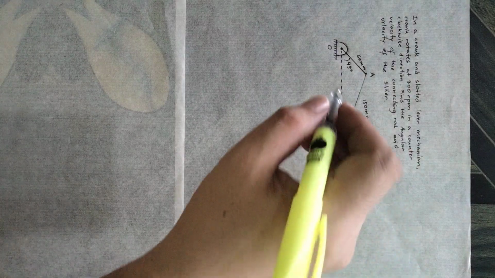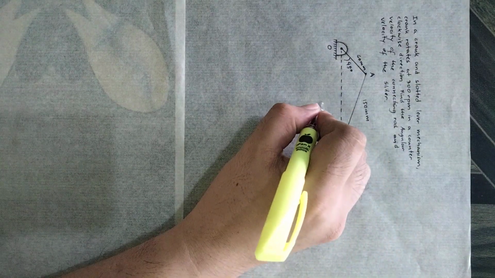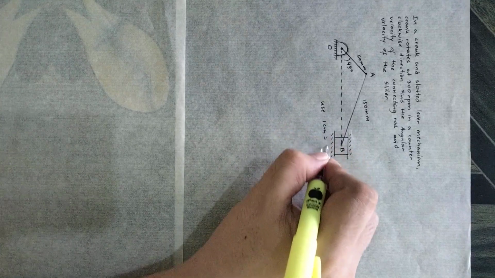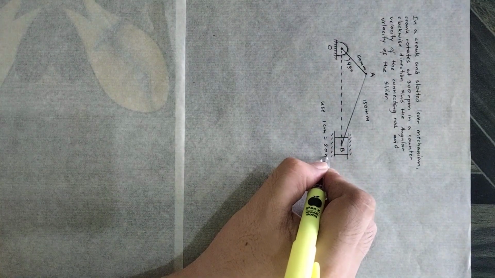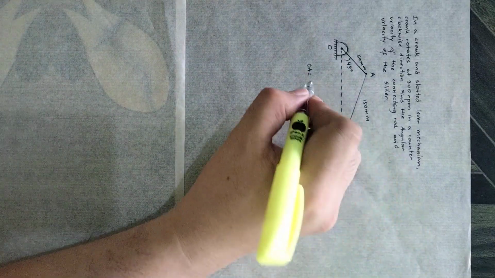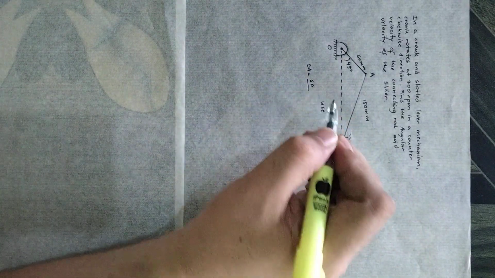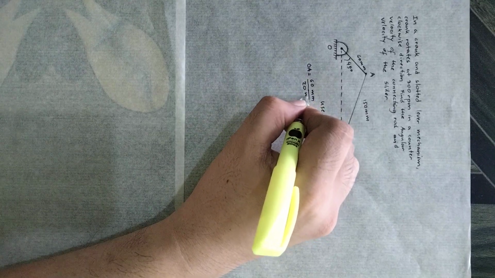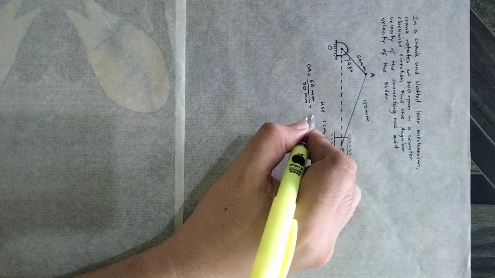So let's say we will use 1 cm equal to 20 mm. So it follows that length OA is equal to 60 divided by 20, so it is equal to 3 cm.